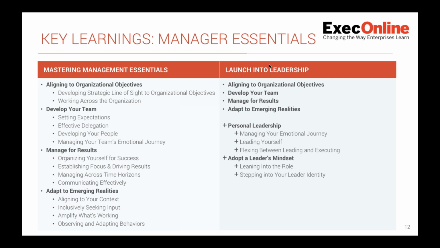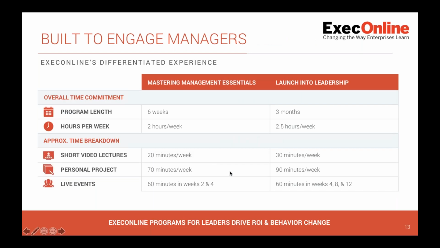If we move to the next slide, what that means, two different programs, two different form factors also were important to put into place to be able to serve the needs of these different audiences. So to start with the experienced managers, Mastering Management Essentials, it's a 6-week program, time commitment of 2 hours a week.